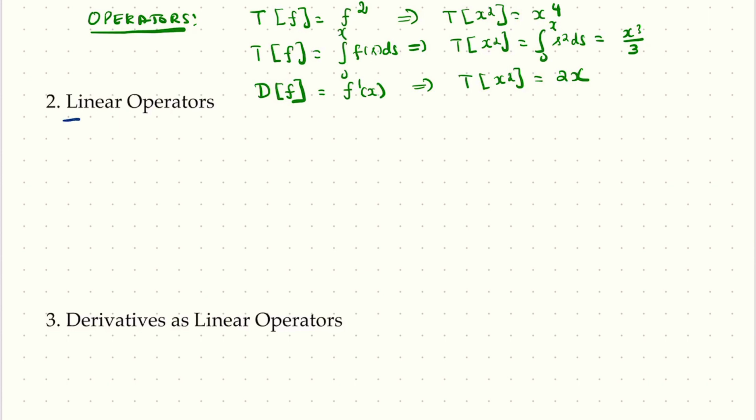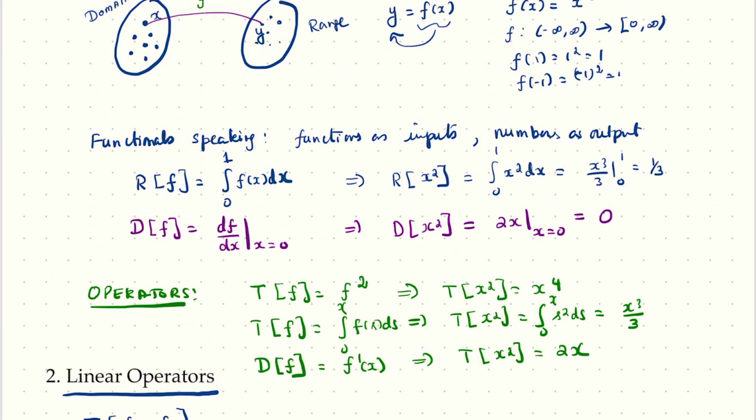That's called linear operators. So what are those linear operators? If an operator, let's denote it as T, satisfies these two conditions, as a matter of fact, you can combine them as a single condition. I'll talk about it in a moment. For example, when you have two functions f1 and f2, remember the operators: you feed in functions, you get functions out. Functions in, functions out is your operators, right? Functionals are functions in, numbers out.